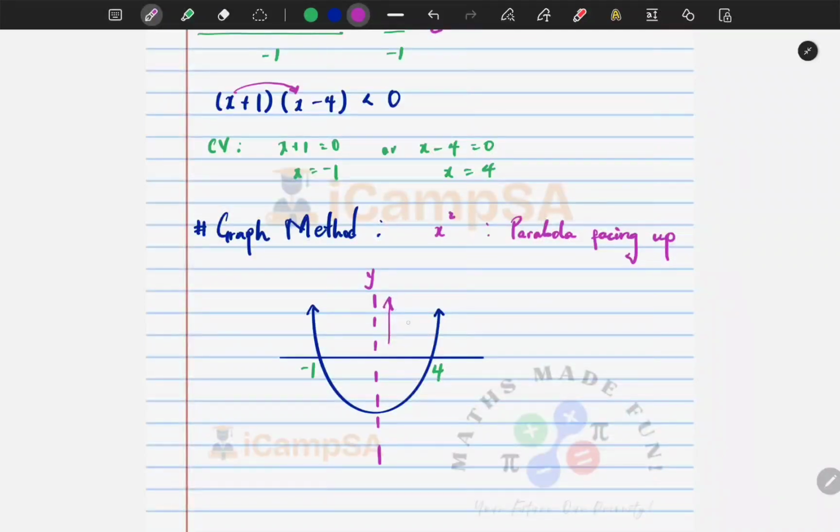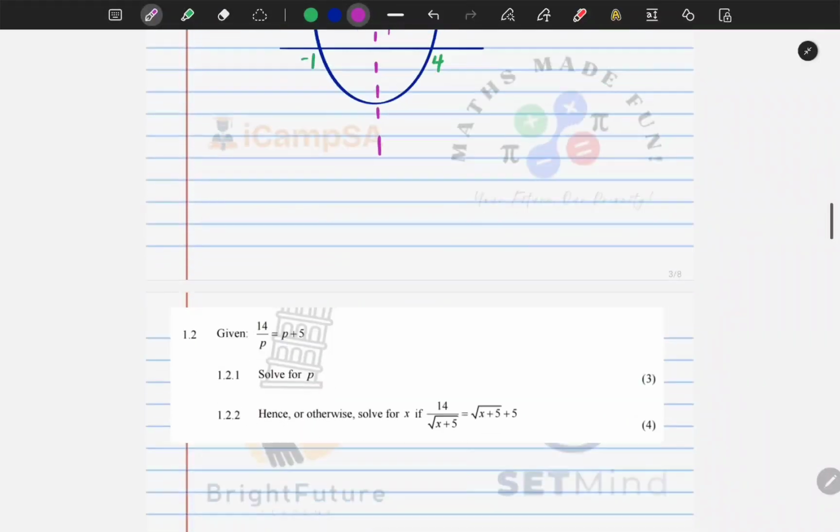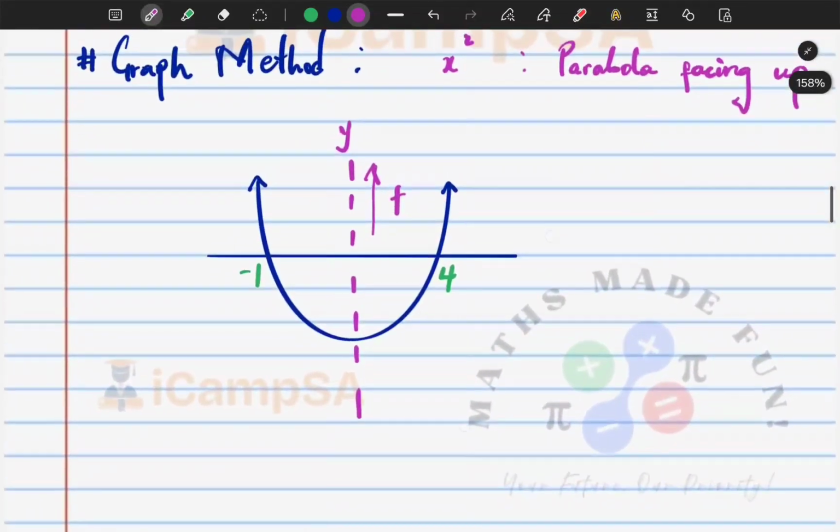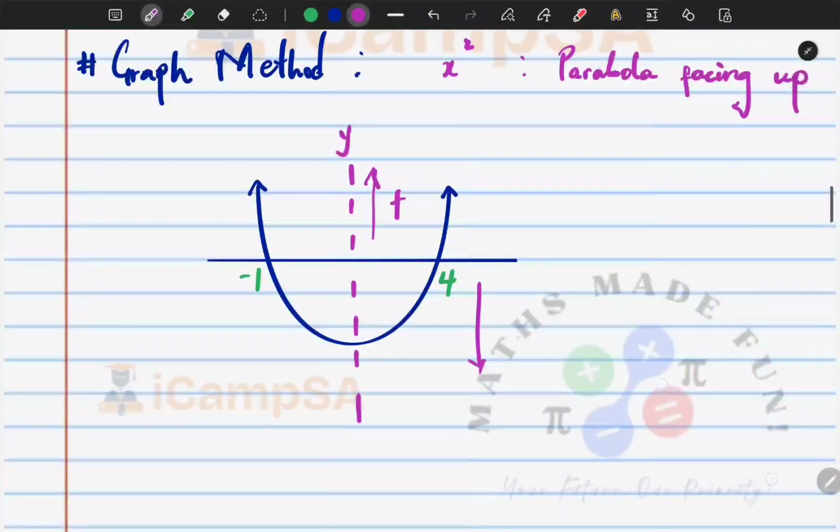All values that are here are going to be positive, and then all values from here, they are going to be negative, right? That's the first thing.